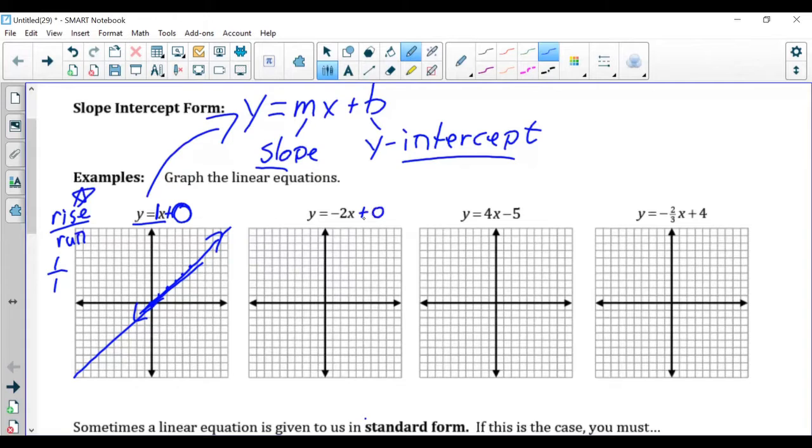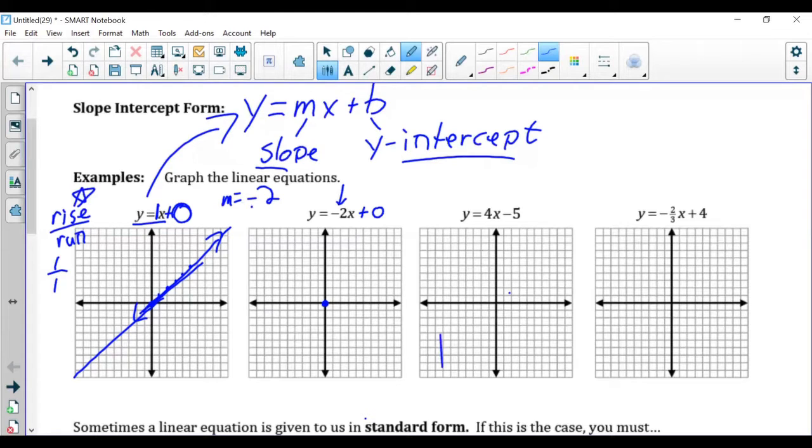So our y-intercept is going to be where y equals 0, which again is at the origin. Then we need to use our slope. Our slope here is this number in front of the x, which is negative 2. But I want rise over run, so I really need this as a fraction. How do I write a whole number as a fraction?